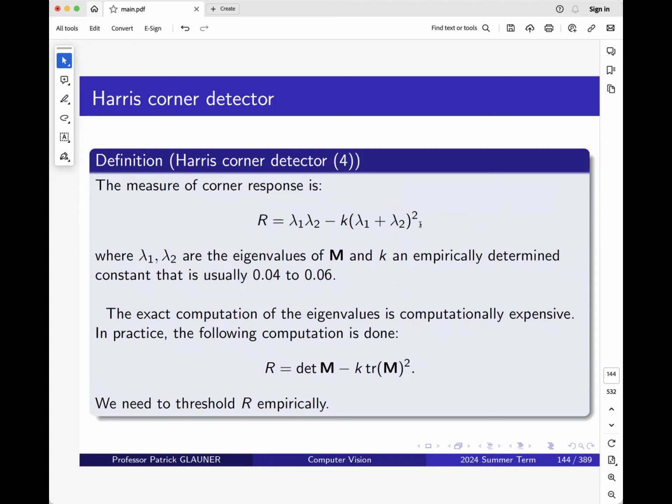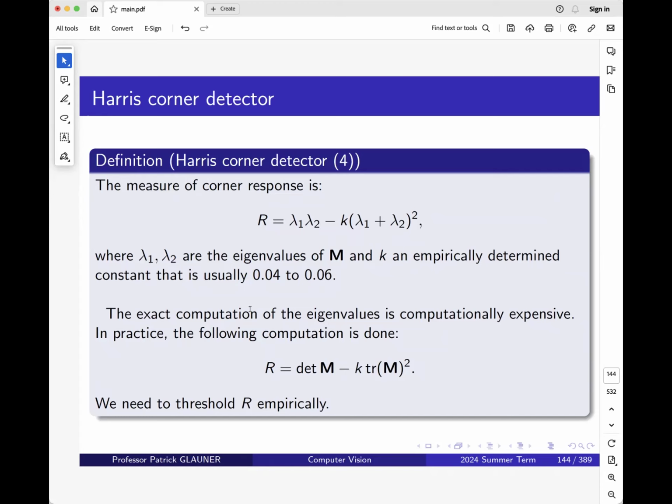And this so-called corner response can be an indication if there is a proper corner or not in our window, if we shift it a little bit. This K, which is sometimes a kappa, is a constant that depends a little bit on your use case, but is often a small value between 0.04 to 0.06 empirically.